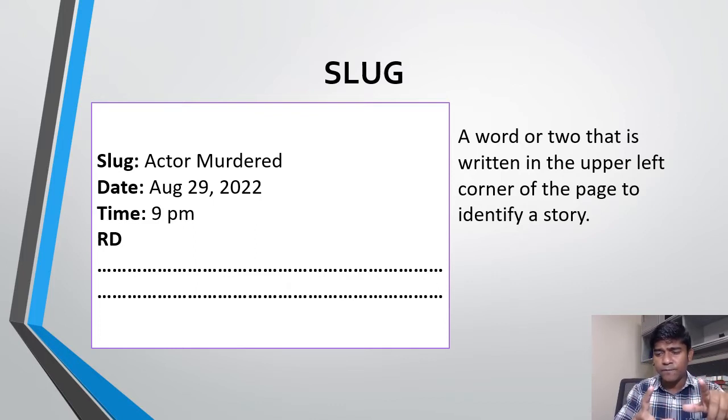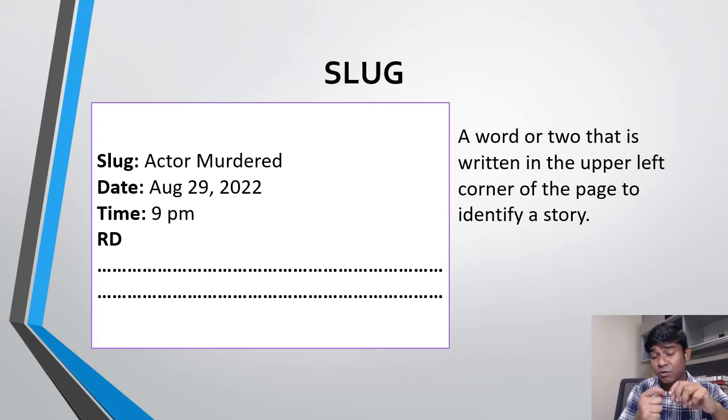This slug also consists of not only the gist, but also the time and the date. The time indicates when it is going to play. That means this story is preferably written or reported for the prime time 9 p.m. news. So that time must be indicated by the reporter in their slug.